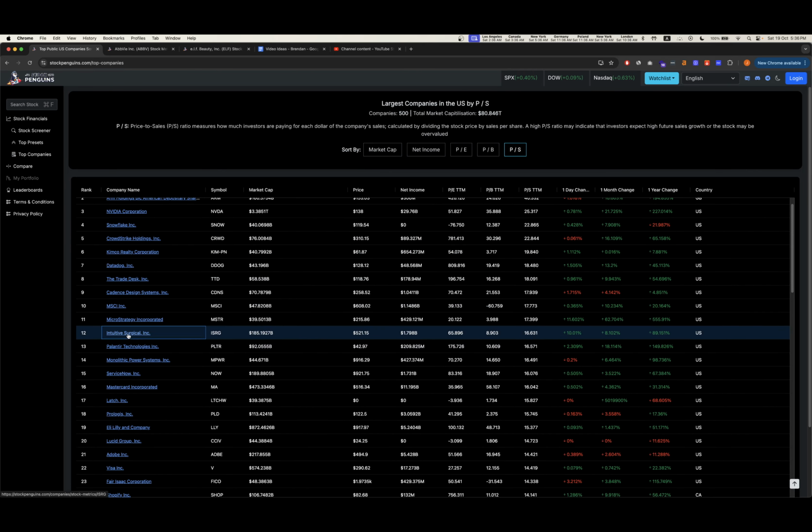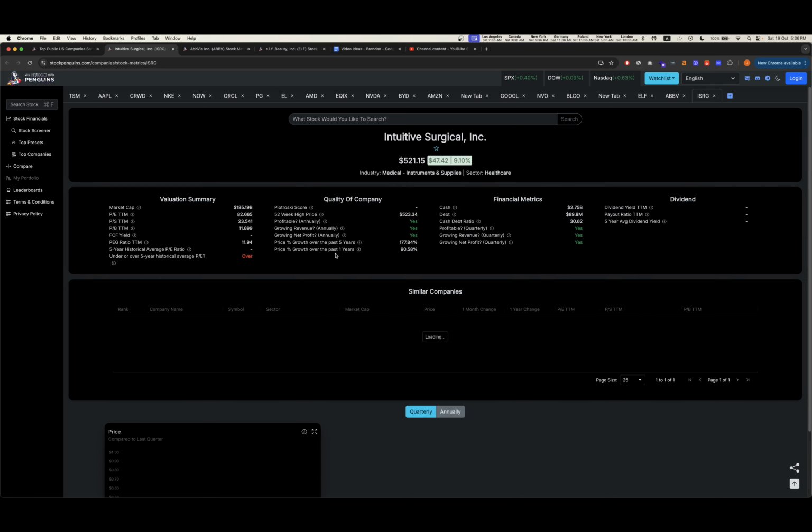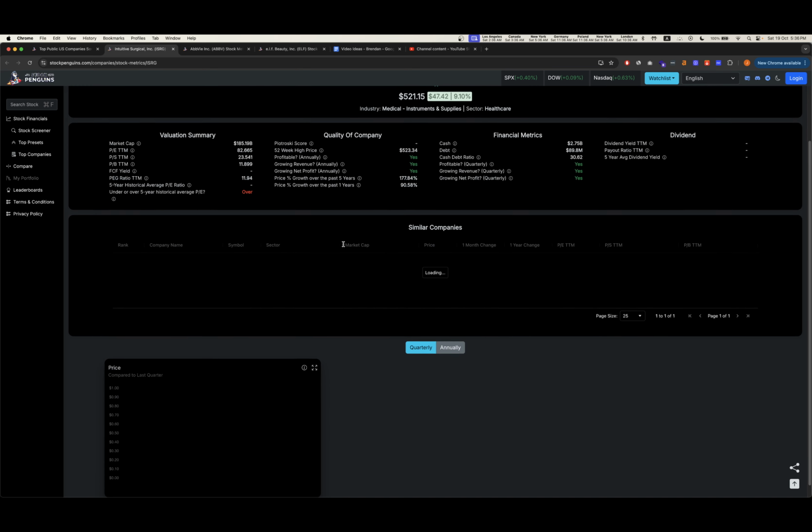It probably means it's a good company. So you just click into it, and then you can go to see an individual stock, and you kind of know what to do from there. If you find something interesting, go and research the company based on the individual stock, based on the graphs, and take a look at what's the deal here as well.